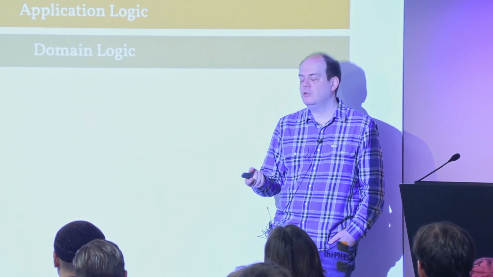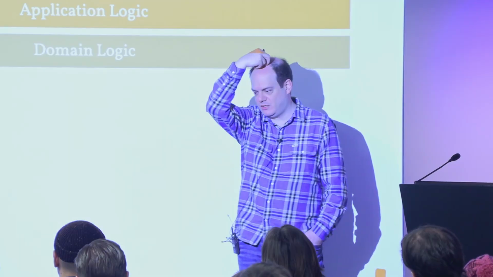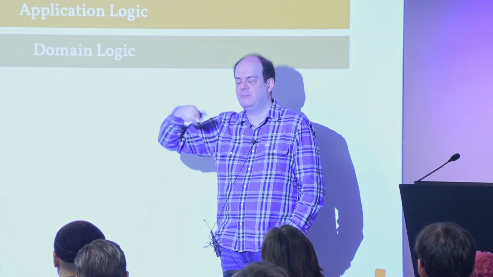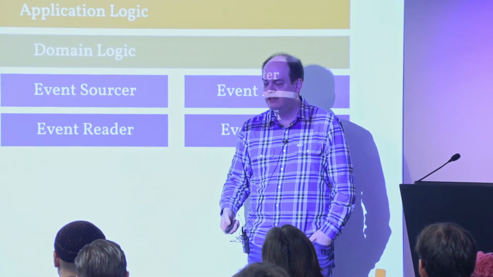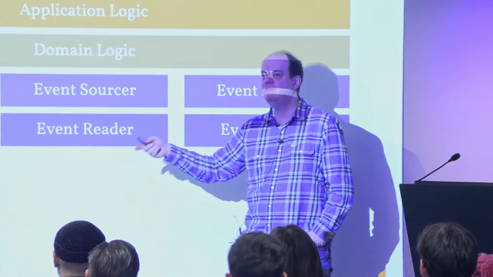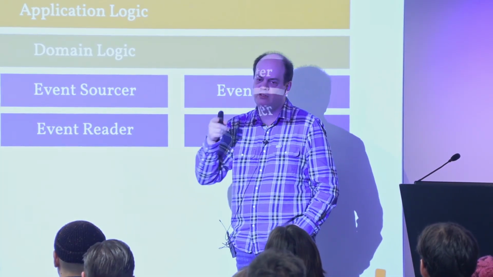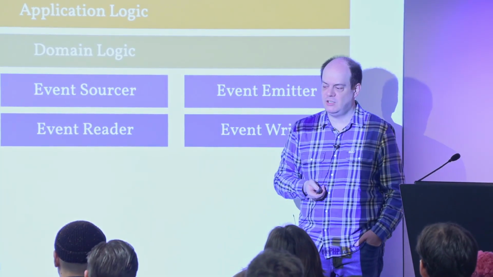But it can also be a repository that knows about event sourcing and that knows, okay, I need the bank account object for this current customer that just logged in. Now I need to delegate to an event sourcer, which uses an event reader to read from wherever our events are stored to reconstruct the bank account object that we just need.